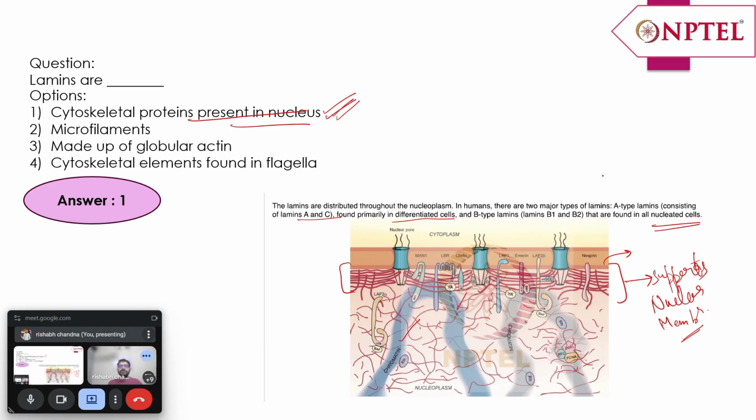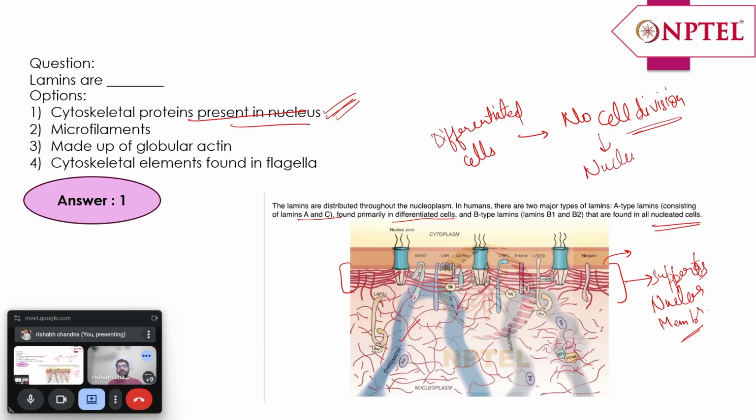So why this major differentiation between the two types of lamins? Because in differentiated cells there is no cell division. That means their nucleus would be more rigid in nature.